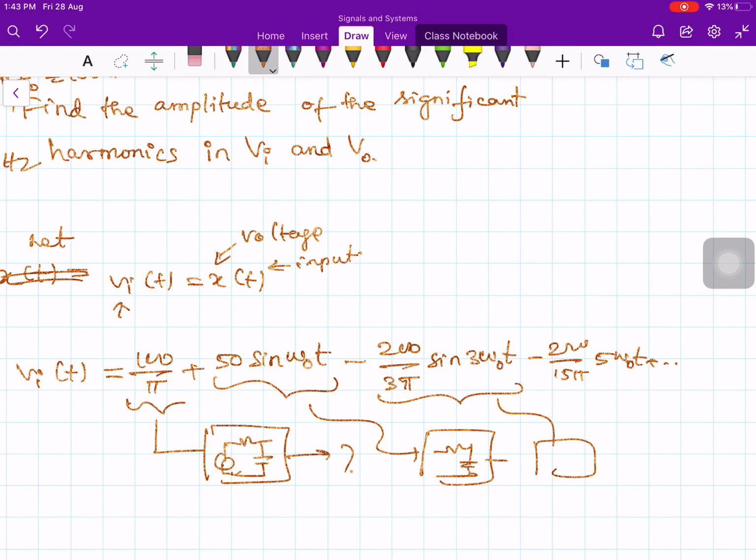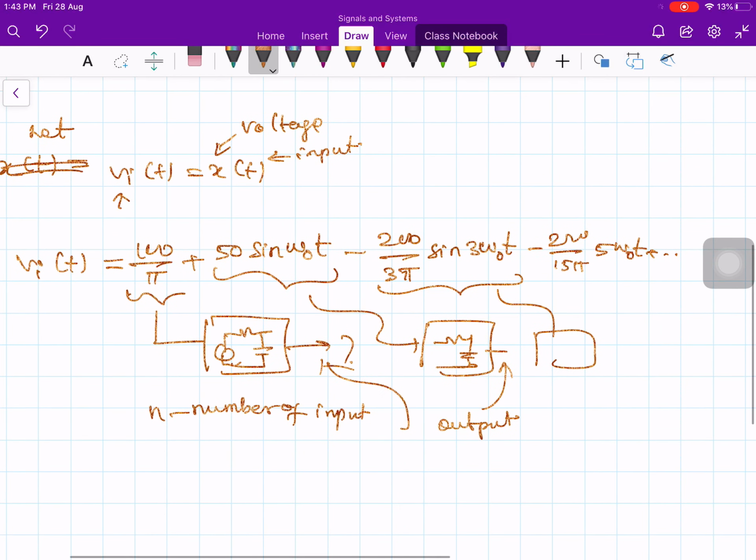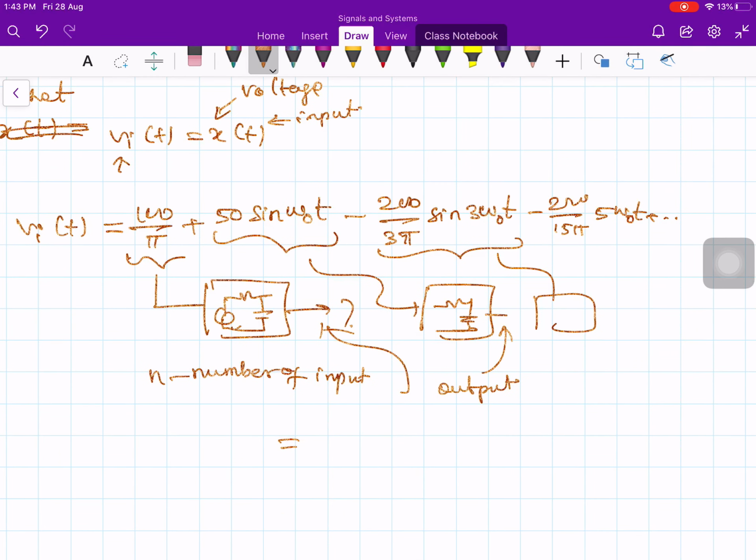So you have n number of inputs. Similarly, you have n number of outputs. So what we are trying to say is, if you add all the inputs, then the output will be equal to the summation of the corresponding outputs. That's what we are trying to say. We are basically applying the superposition principle, additivity and homogeneity.